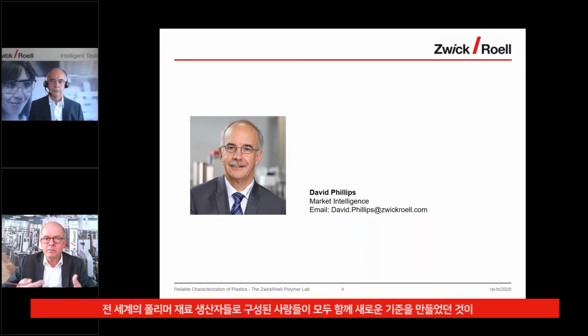And this is a group of people from the material producers, the big producers of polymers in the world. And they found together and created new standards. And they have a strong influence even today on the whole range of ISO standards that we are working with today.